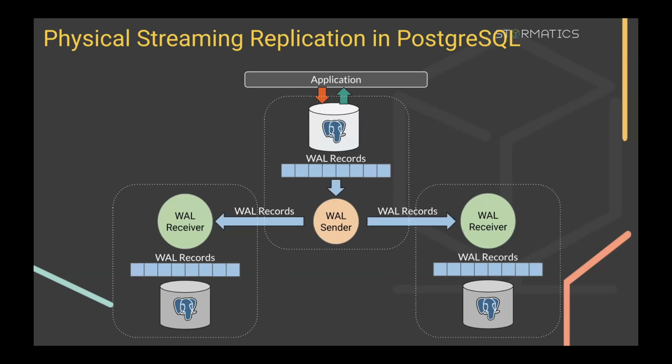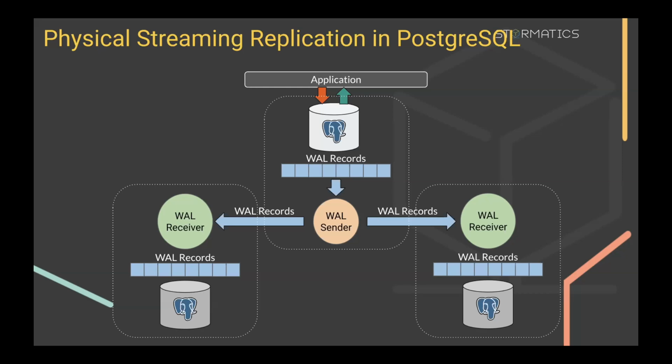Within the diagram that Umair is showing, there are actually two different types of replication methods. In Postgres, you can have streaming replication, which means the standby is being replicated to almost in real time, and you can have WAL archive log replication, which is quite similar to archive log replication on Oracle.